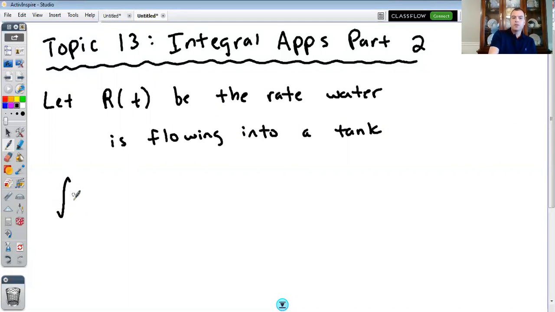So the main thing we want to focus on here is the idea that the integral is net change, right?